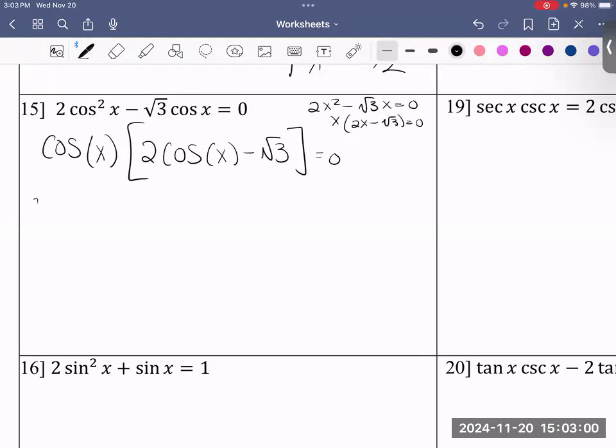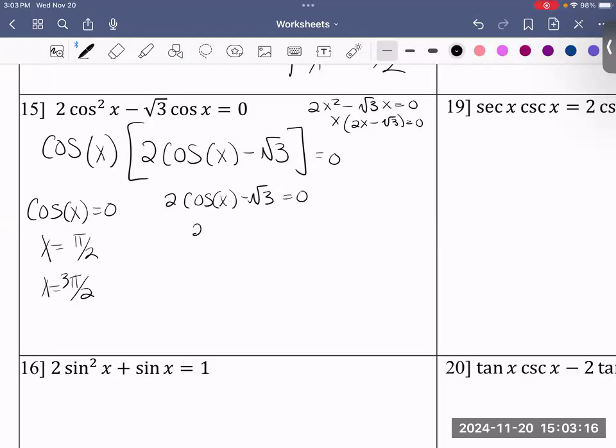So now where is cosine of x equal to 0? Well, that, again, from your previous, would be these two locations. The other two, when we have 2 cosine of x minus the square root of 3 is equal to 0, treat it as we would from your previous problems, right? Add your root 3, divide by 2.